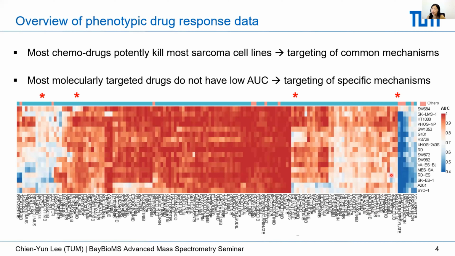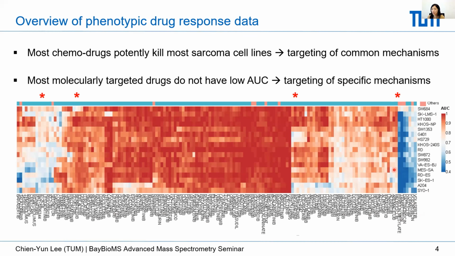And here you can see the drug response from the 150 drugs across 17 cell lines. The color scale shows the area under the curve, which means that if the color is more blue, the drug is more potent. And the other way around, if the color is more red, it means that this drug does nothing on the cell line. As you can already see, there are several clusters.